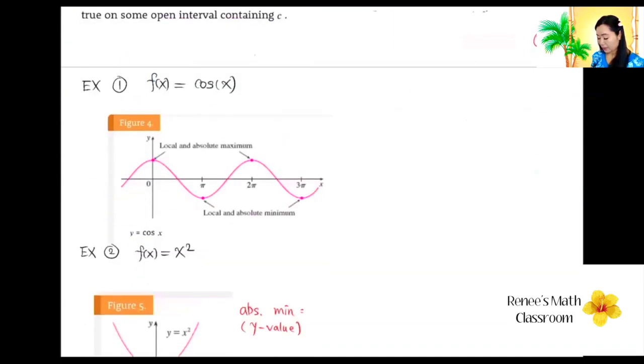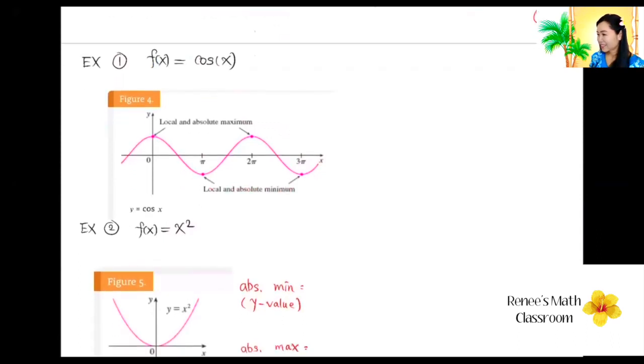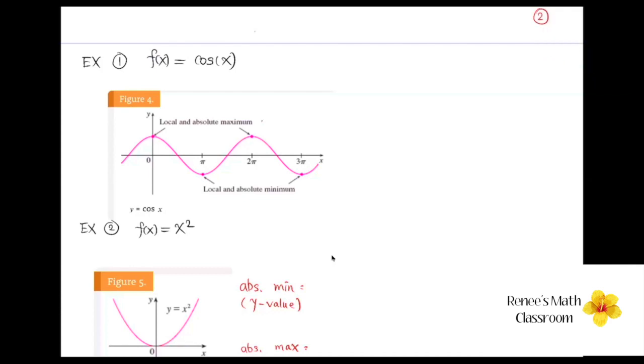Now let's take a look at this function. It's already stated over here. So what is the local and absolute maximum equal to? Is it f(2π) and f(0)? And what does it equal? Is that 1?